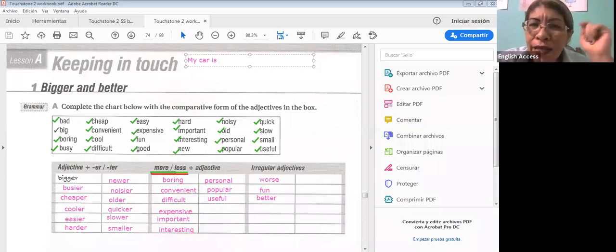With the long adjectives, we're going to use more or less plus the adjective, like more boring, less boring, more convenient, less convenient, etc. Pay attention to the first column. It's just bigger, noisier, older, quicker, slower, and that's it. We don't use more, we don't use less, it's just the adjective.